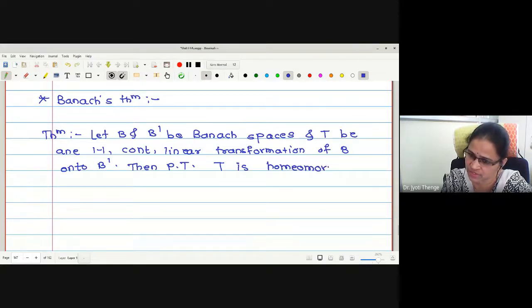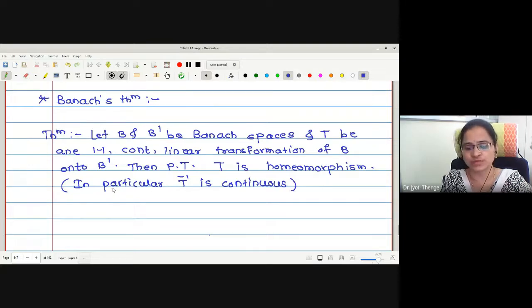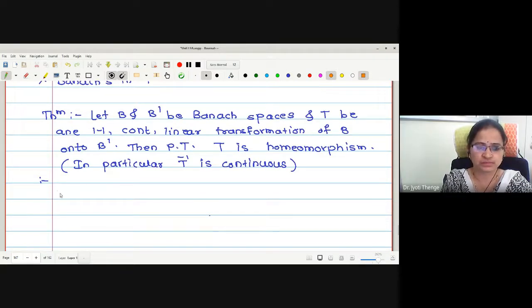What is the definition of homeomorphism? We have seen previously somewhere. Do you remember? Homeomorphism: the two spaces are topologically isomorphic.